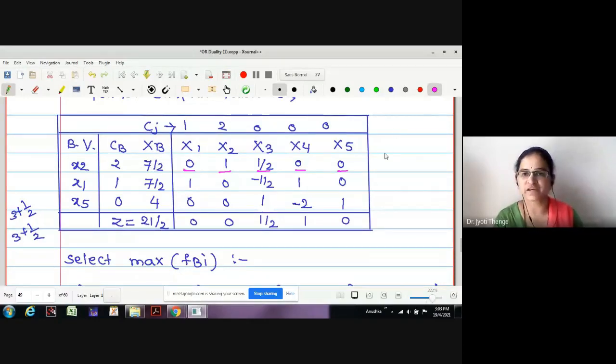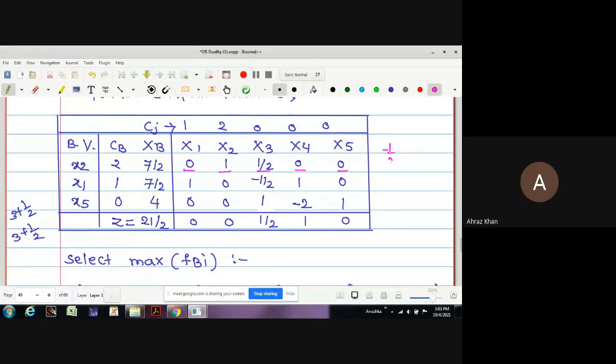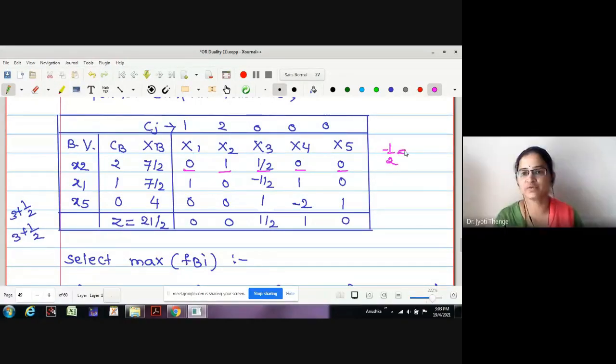What is the fractional part? 1 by 2, so minus half, with the negative sign, because this is minus f_B1 equal to. The fractional part of 0 is 0, with negative, minus 0 x1. Fractional part of 1 is 0.